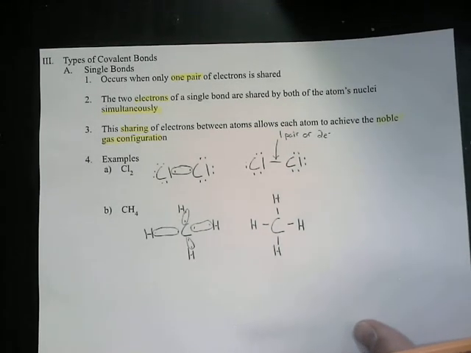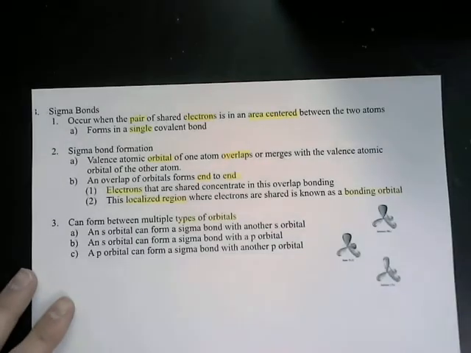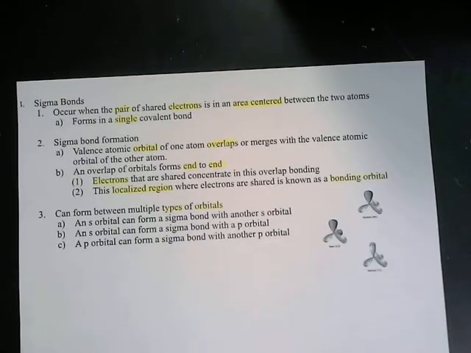As we talk about covalent bonds, we can bring up the concept of a sigma bond. Essentially, a sigma bond is the direct overlap of orbitals where those electrons are shared. When this happens, you're creating a region where those electrons can be shared.